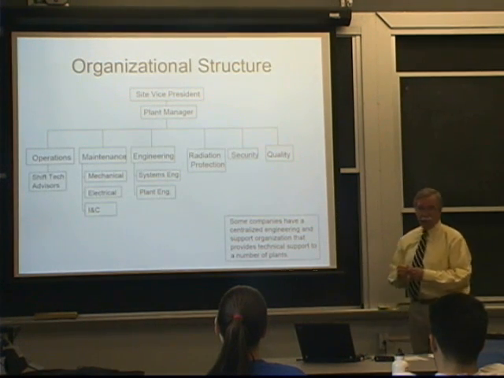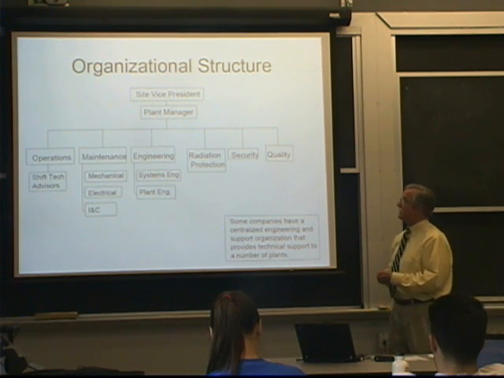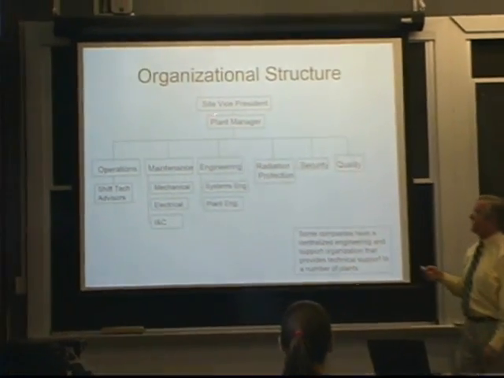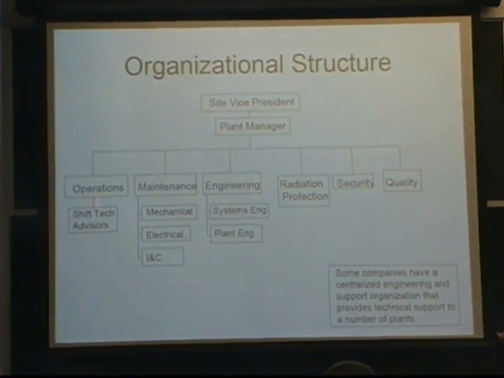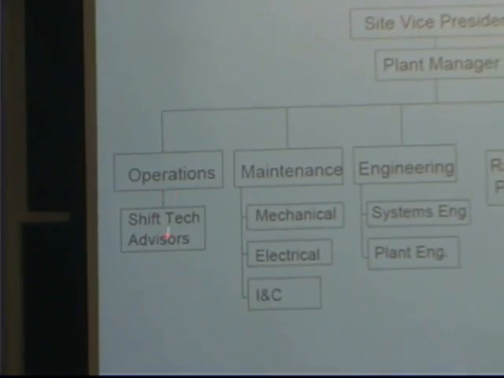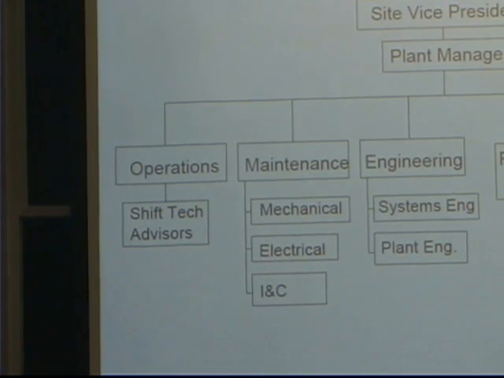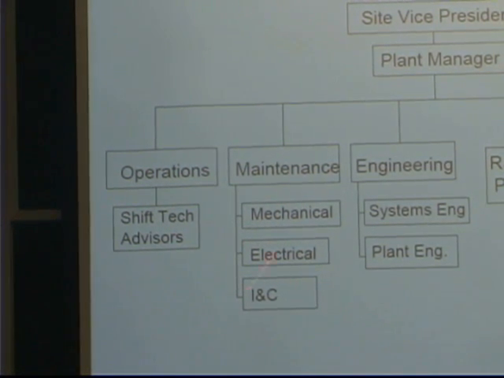Now, how do you organize a plant to make sure you can administer all these things? Typically, each one of these plants has, if it's more than one reactor per site, a site VP and a plant manager. You have an operations group with their shift technical advisors, safety technical advisors. These are the independent eyes and ears of the operations department, maintenance, engineering.